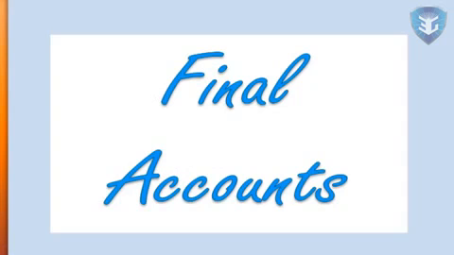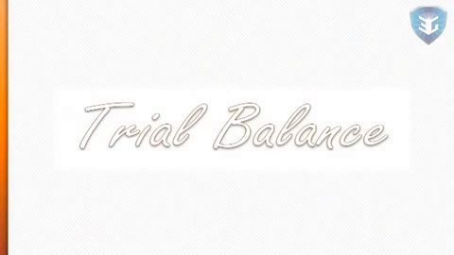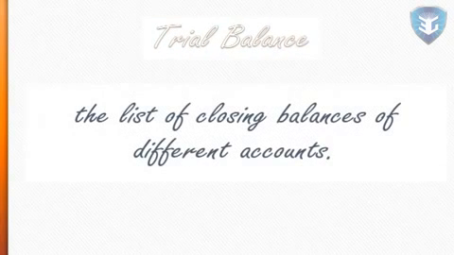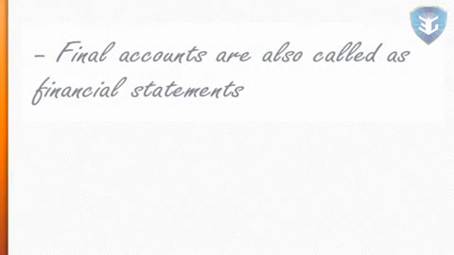You must know the features of final accounts. Actually, final accounts are always prepared on the basis of trial balance. Trial balance is the list of closing balances of different accounts. And final accounts are sometimes called financial statements.